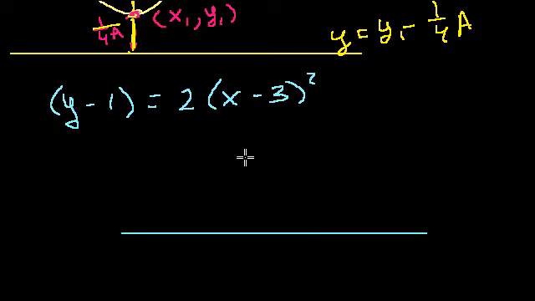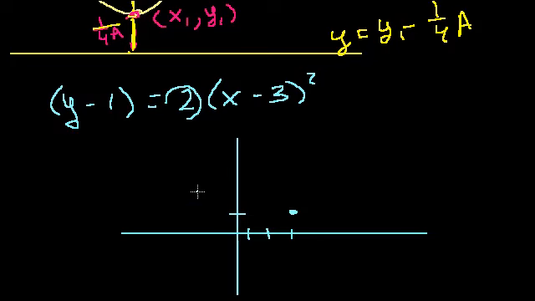Let's see. That's the x-axis, that's the y-axis. Where's its vertex? The vertex is at the point 3, comma 1. So we go 1, 2, 3, comma 1. So that's its vertex. It's an upward opening parabola because this is a positive number. And actually, we don't even have to know that.